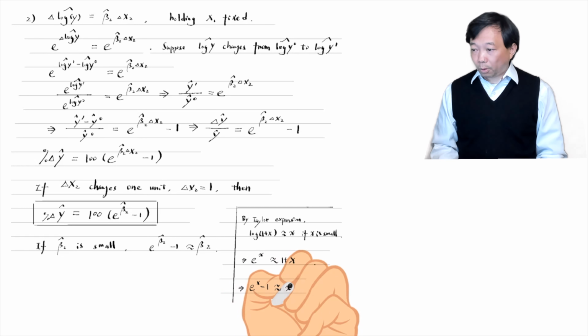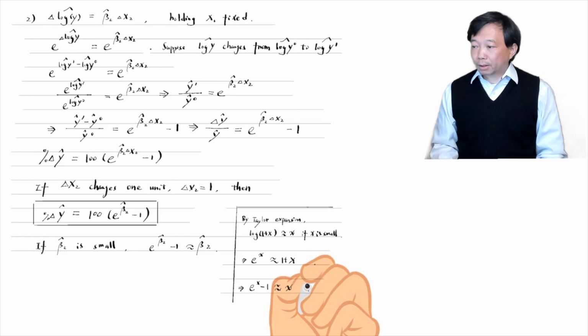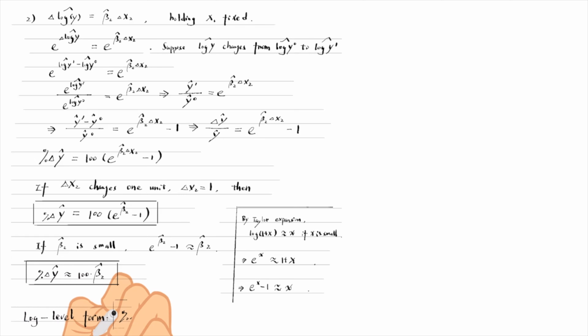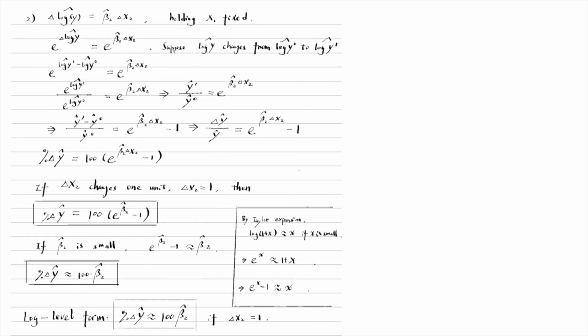When x is small, log of 1 plus x is approximately equal to x. The estimated coefficient multiplied by 100 is the percentage change in the outcome variable when the explanatory variable increases by 1 unit.